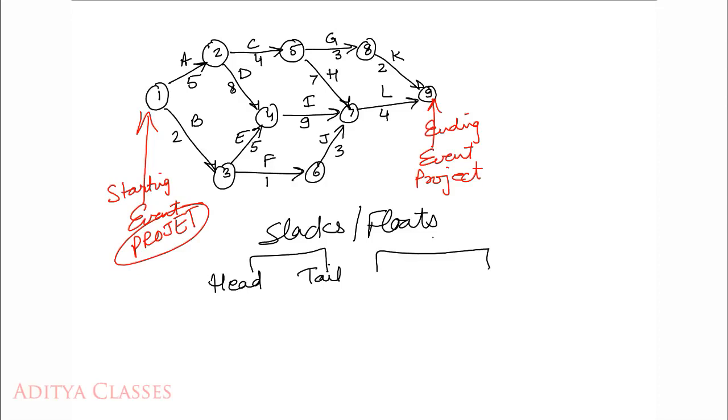And there are three kinds of floats: total float, free float, and independent float. So we have two kinds of slacks and three kinds of floats that we generally study and try to find out.